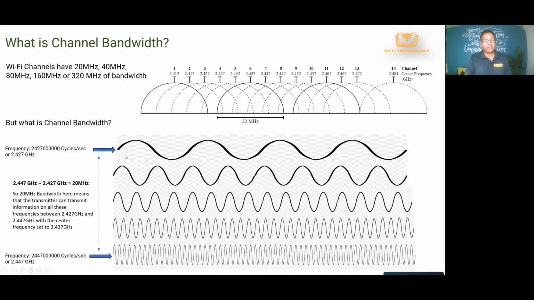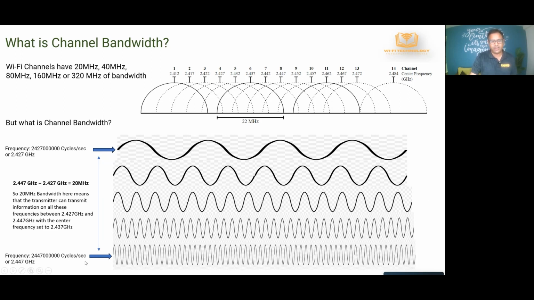So let's take an example. Let us say this waveform has a frequency of 2.42 gigahertz, and this waveform is actually traveling at 2.42 billion cycles per second, right? And then as you increase the frequencies, you can see the waveforms are being transmitted at higher frequencies, right?